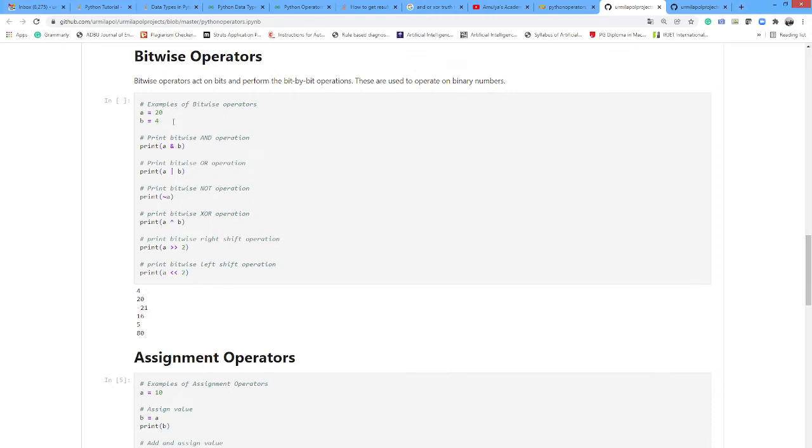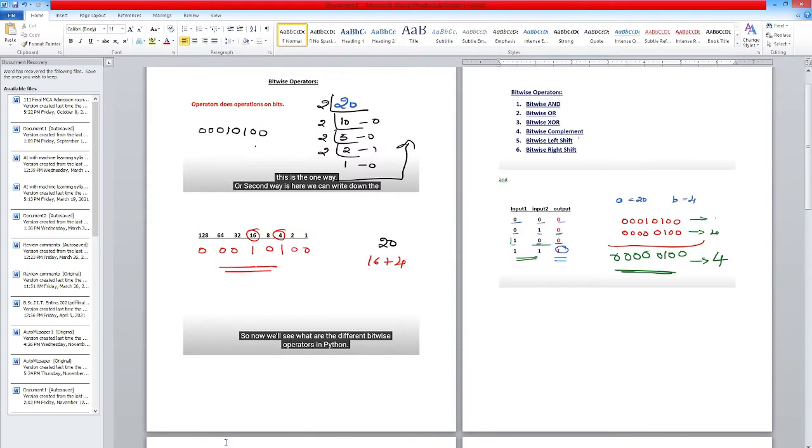First it will take the binary number of 20 and then the binary number of 4, and then bit by bit it will calculate. See the calculation: 20 is 00010100. b is equal to 4, like that.